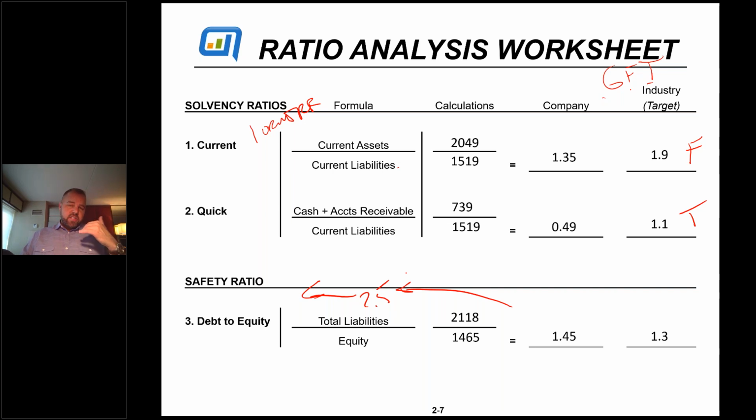So when Sammy put $1 in, he let the bank put in $1.45, but every other paint manufacturer out there has only let the bank put in $1.30, on the average. So I'm going to give him a fair score here as well, right? It's still good compared to the bank, but it's fair compared to everyone else. That's the way we're going to look at that. And remember, if you're not willing to put money into your own company, why should the bank? That's why they're looking at it.